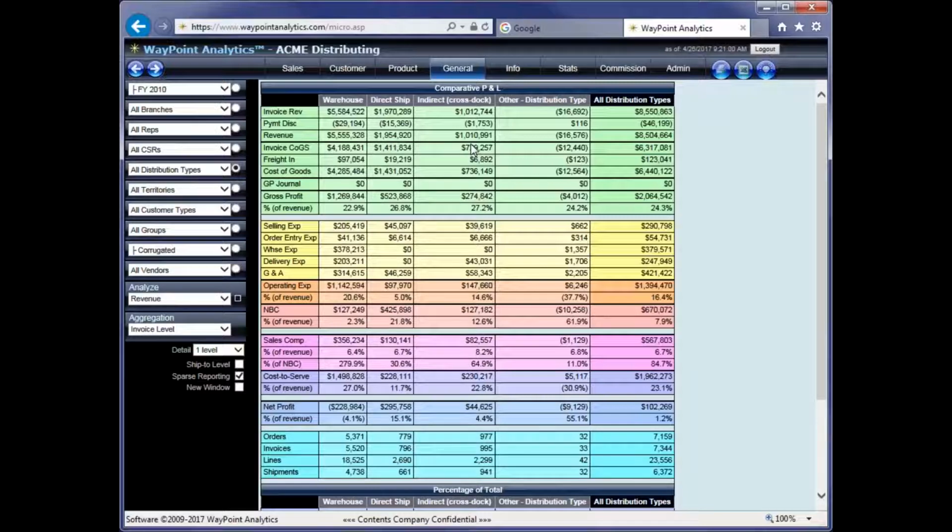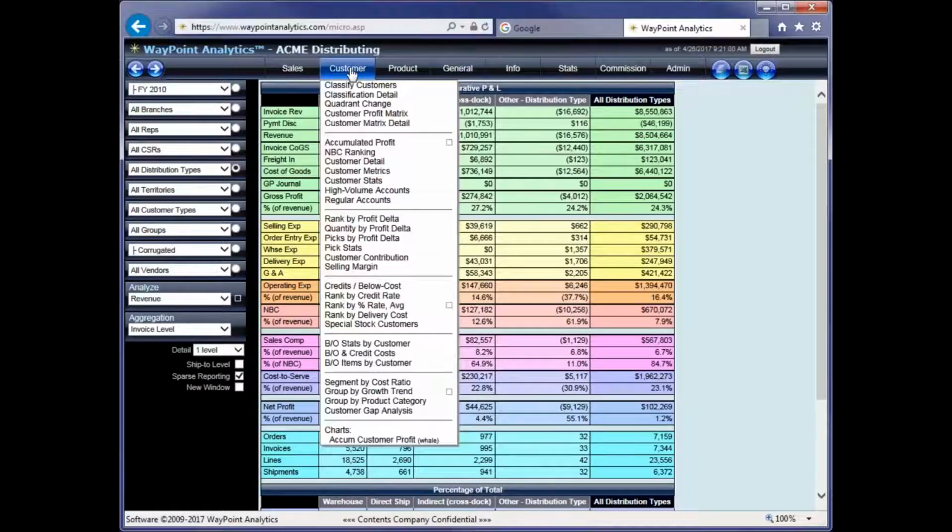Now let me talk about the high volume accounts, and let me just talk about where this is coming from. At the beginning of last year, we were going back and taking a deeper look at the utility of Waypoint and how we can make sure that our clients were getting the most value out of what we're providing back to them.